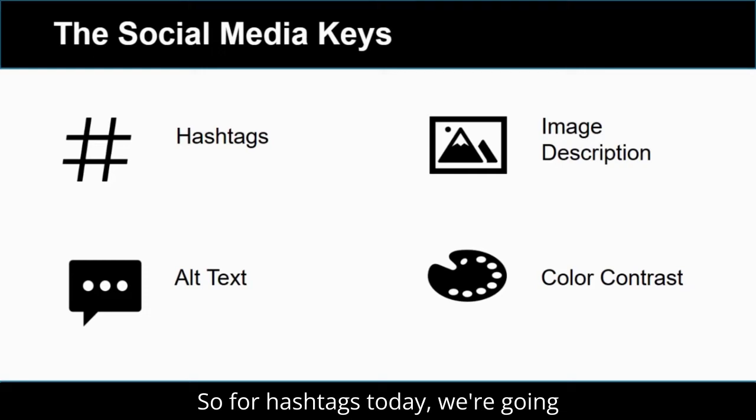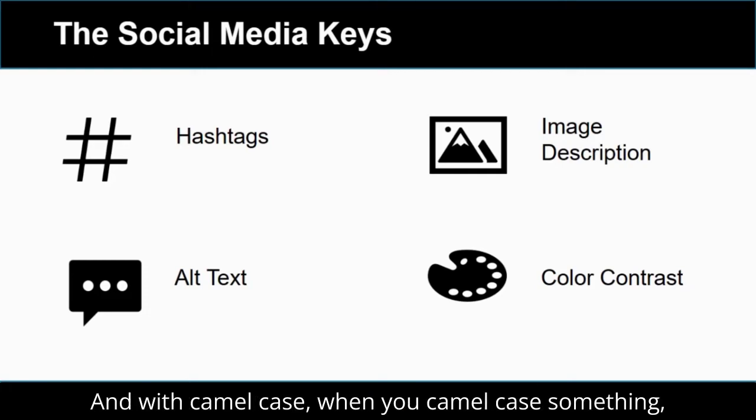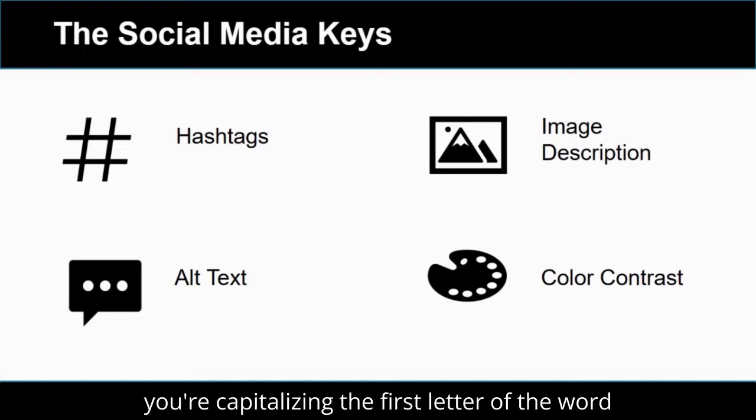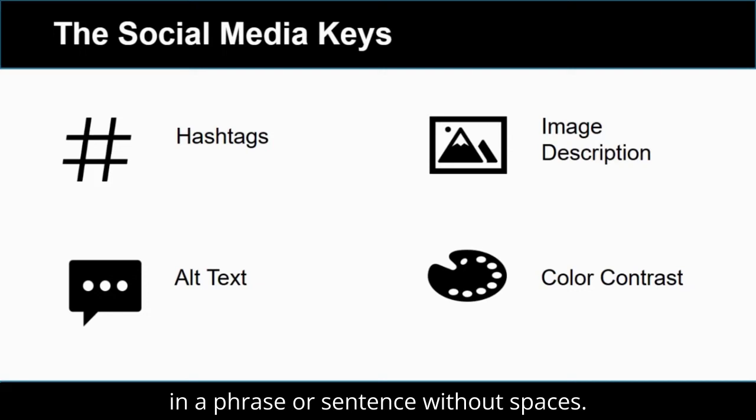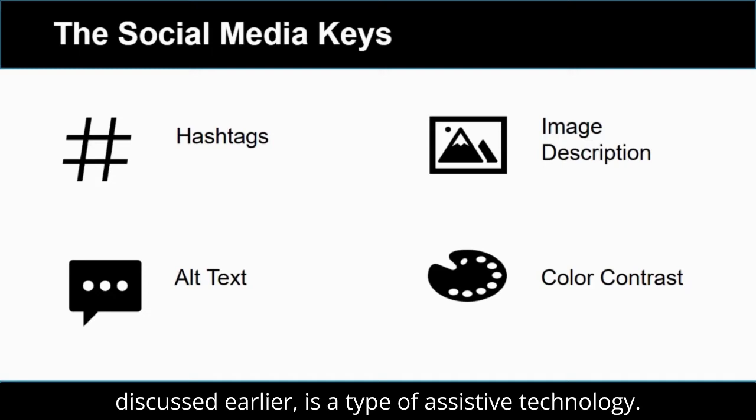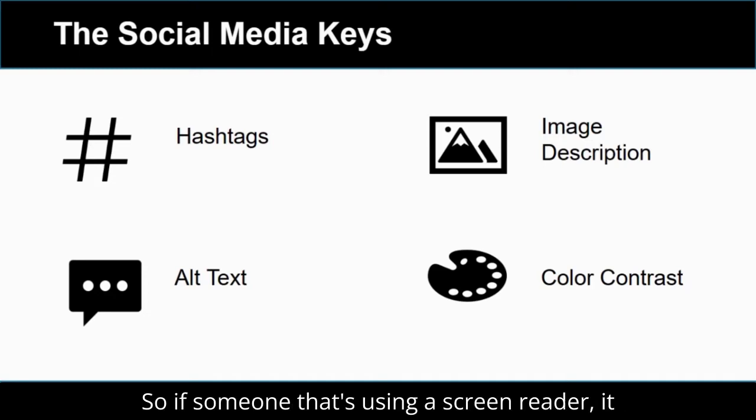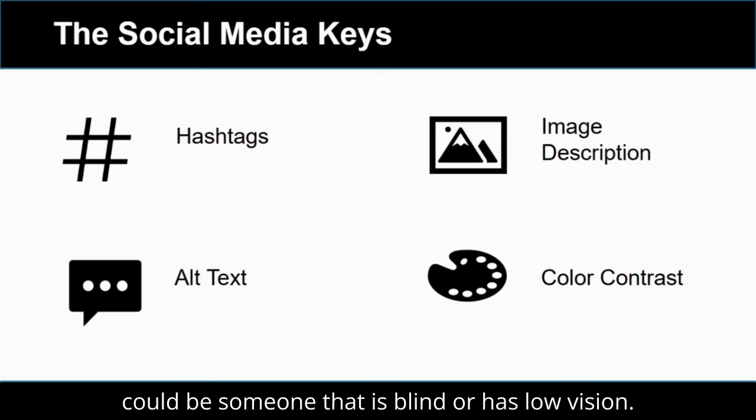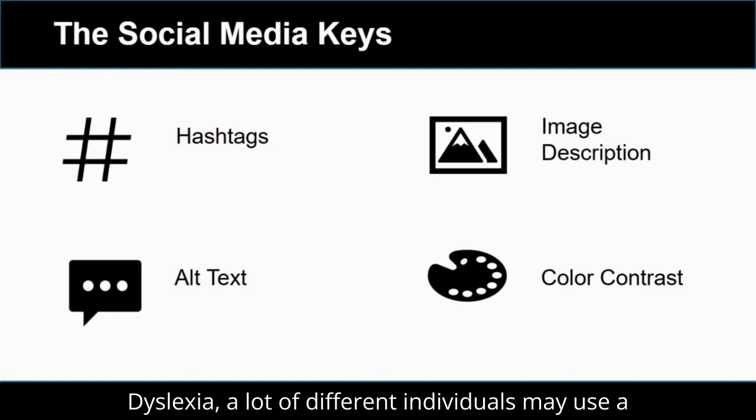So for hashtags today, we're going to talk about CamelCase. When you CamelCase something, you're capitalizing the first letter of each word in a phrase or sentence without spaces. It will separate the words when the screen reader, which I discussed earlier is a type of assistive technology, reads it. Someone using a screen reader could be blind or have low vision, dyslexia.